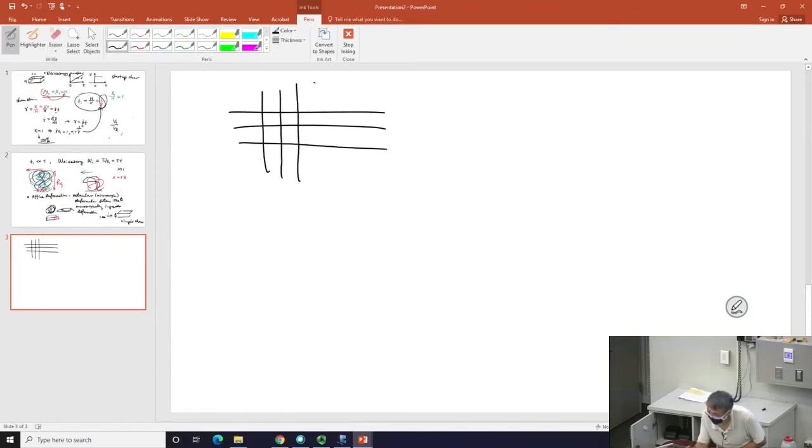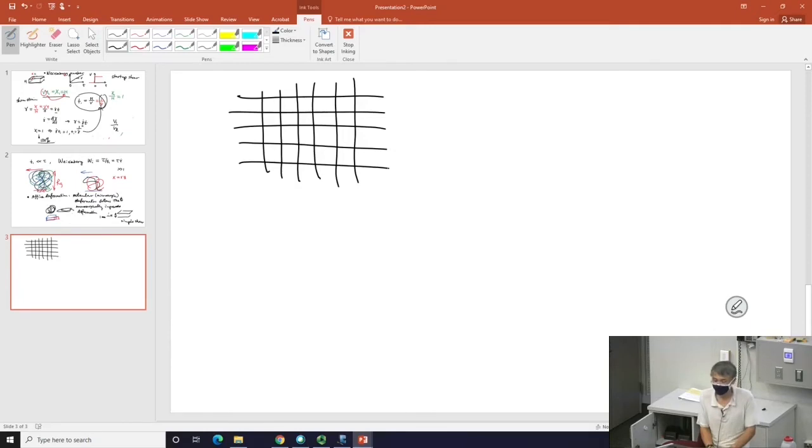So I'm drawing a cross-linked rubber. This is a classical way to describe or to motivate where affine deformation comes from. Okay? Cross-linked rubber, you can do it in different ways.